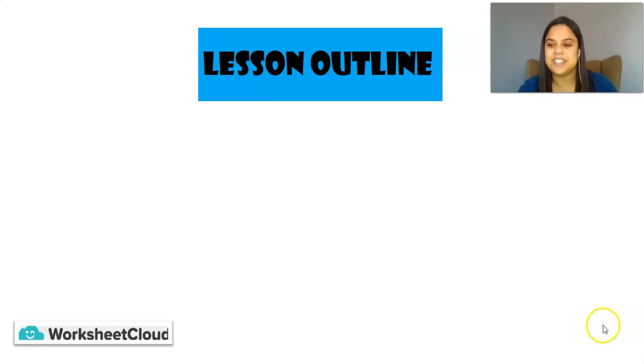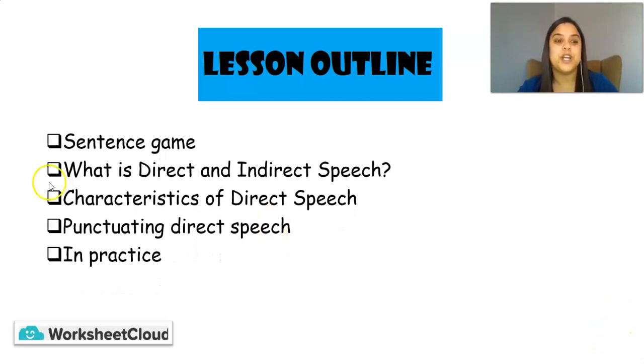Our lesson outline for today is we're going to play a sentence game. Today we're not going to be doing sentence a day. We're going to play a little bit of a game. We're going to look at what is direct and indirect speech, the characteristics of direct speech, punctuating direct speech, and then we're going to try to look at direct speech in practice. So that is our outline for today.